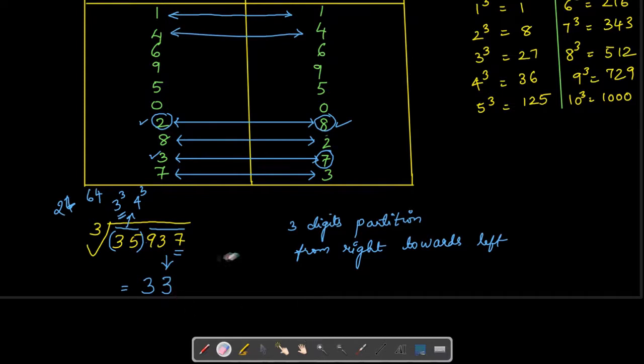So let me take one more example and try to understand it more clearly. If I have a question like 110,592, and I need to find the cube root of this number. Let us first make a partition.